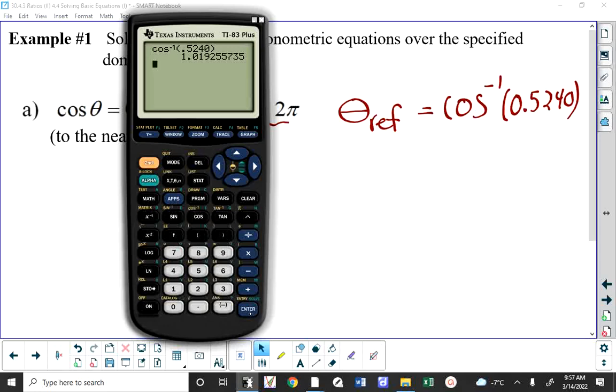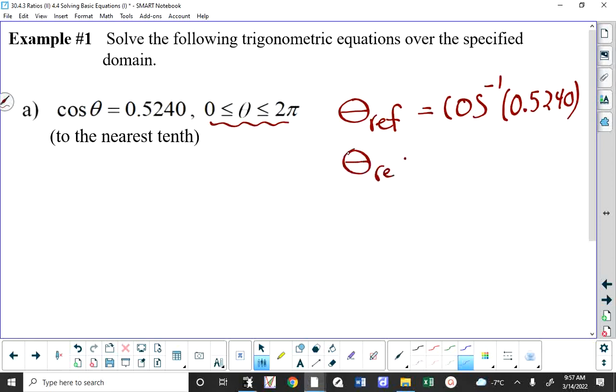But we know, everybody, since it's a reference angle, it has to be less than 90 degrees, and we don't really care how big it is. That's not the point of this question. So the reference angle is 1.02 rads. And that's your first step.